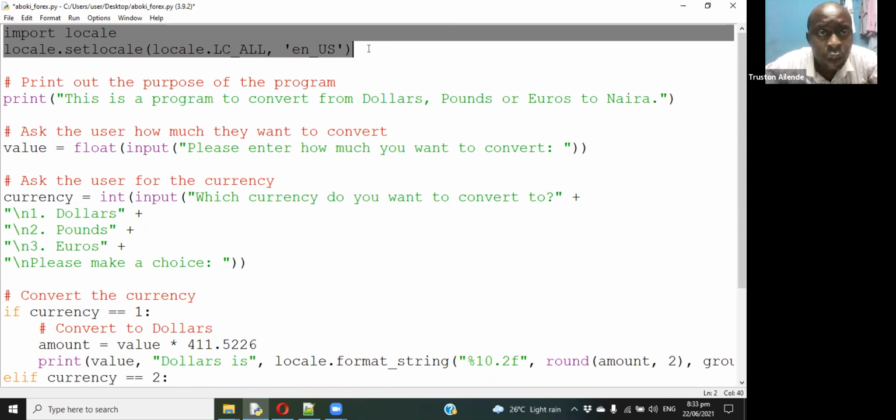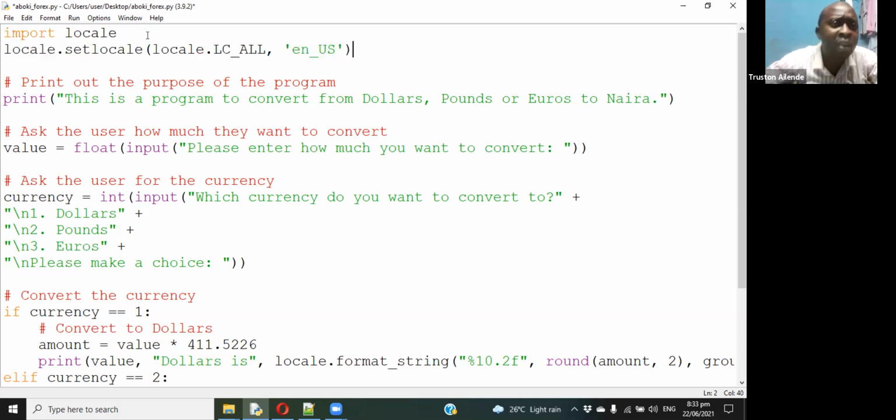Okay, so you type in this. What this does is this. Because we are dealing with money, it allows you to add commas to the amount that will be outputted by the user.